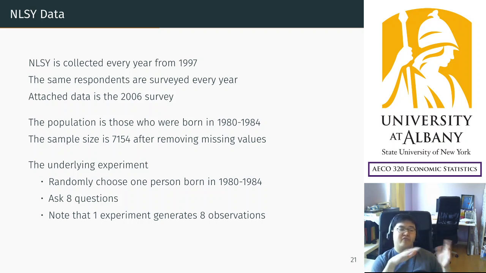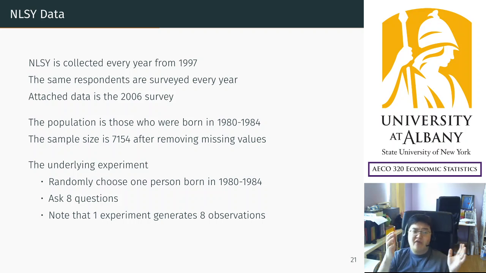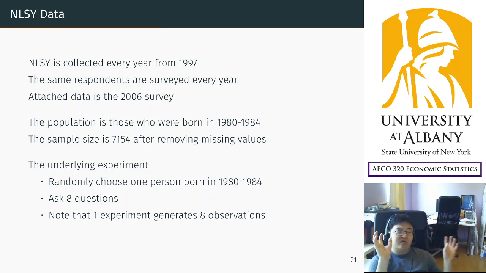So after deleting those kinds of irregular answers, I have a clean data set of 7,100 people. Given that we want to study this population, the experiment behind this data set is to choose random people born in 80 to 84.